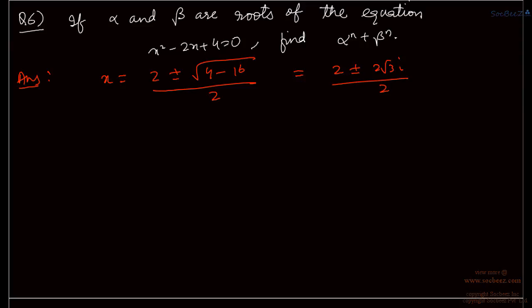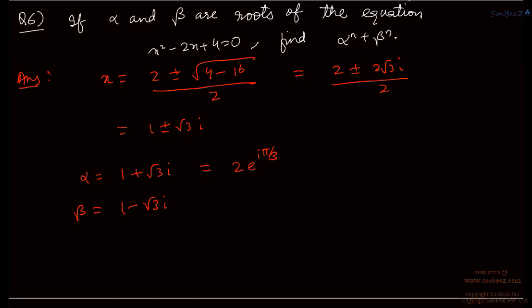Now this can be written as 1 plus or minus root 3 I. So let alpha be equal to 1 plus root 3 I. Now writing this in the Euler form gives us 2 times, where the cos is 1 by 2, which is 60 degrees or pi by 3, so e power I pi by 3.